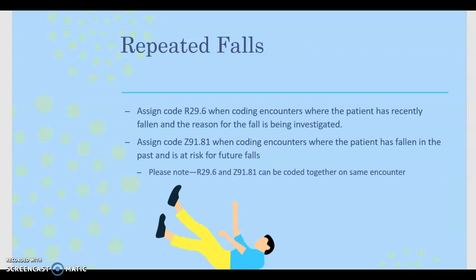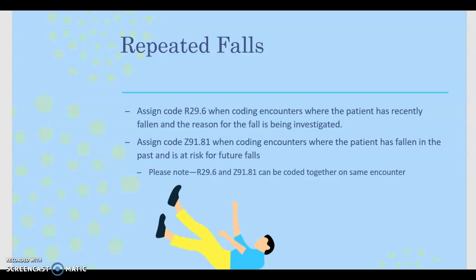The next coding guideline is when we have a patient that has had repeated falls. There's two different instances here. We would assign code R29.6 if we're coding encounters where the patient has recently fallen and the physician is investigating the reason behind the fall, or if the patient has a history of falling, then we have Z91.81.